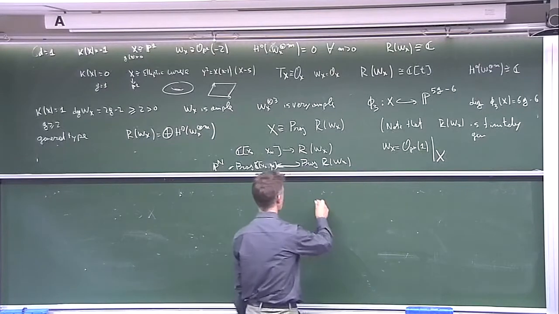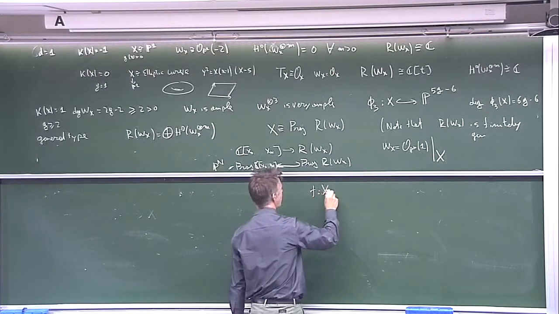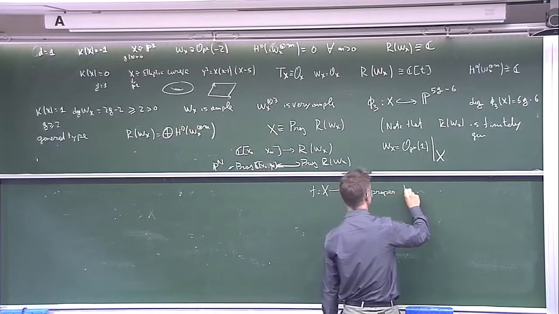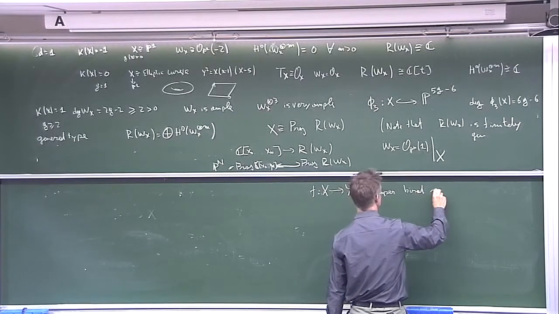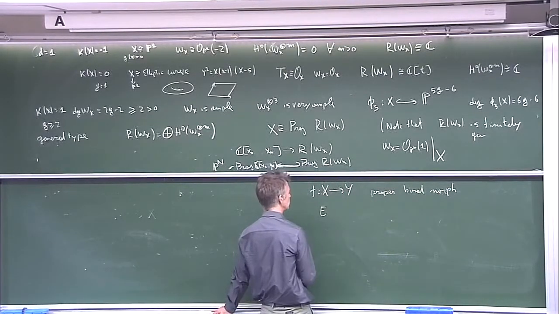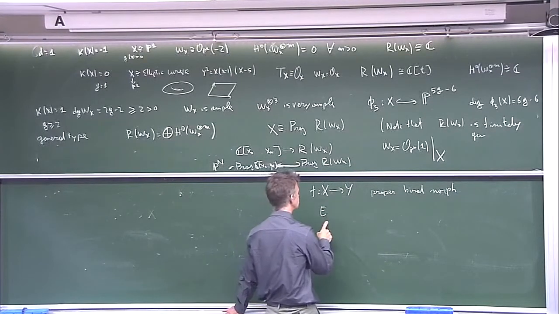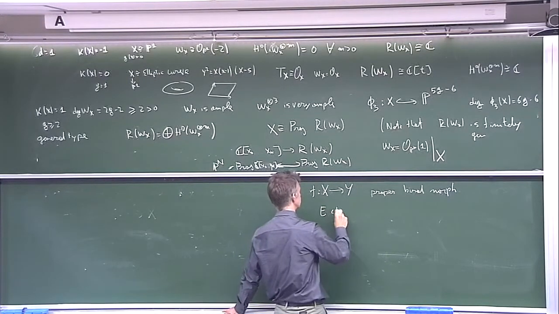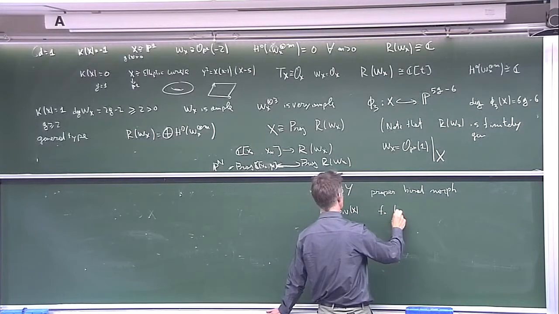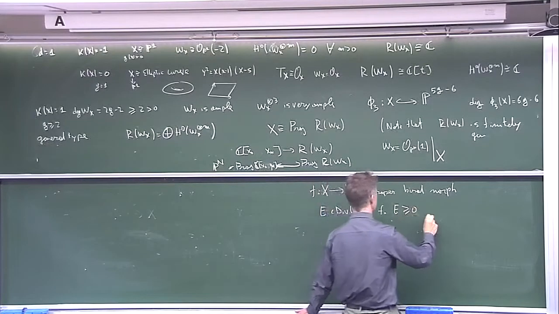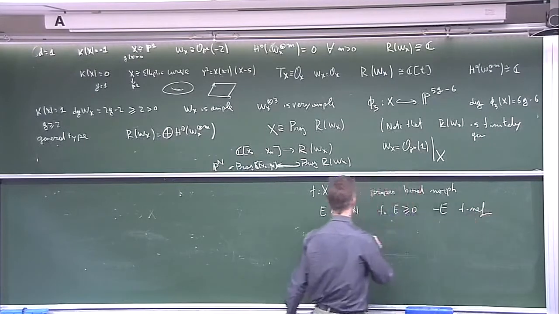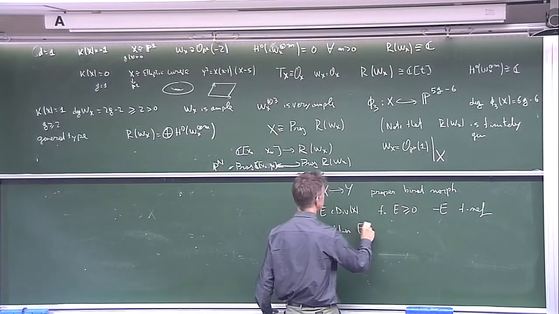So suppose that we have f from X to Y, some proper birational morphism, and E, let me do a slightly more general version, E, a divisor with the property that f lower star of E is effective and minus E is f nef, then E is effective.